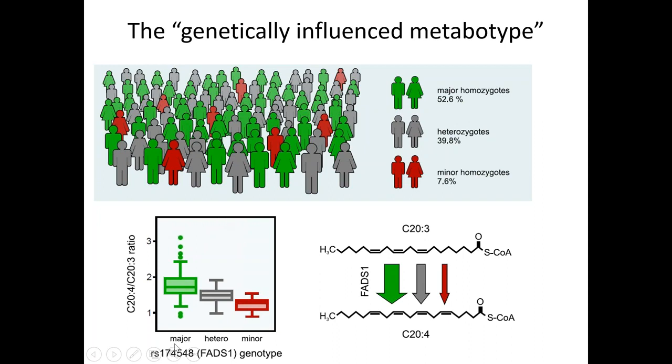So in this case, we would find a genetic variant that is actually located in or near the FADS1 gene, and it would associate with the ratio between the product and the educt of the FADS1 gene.